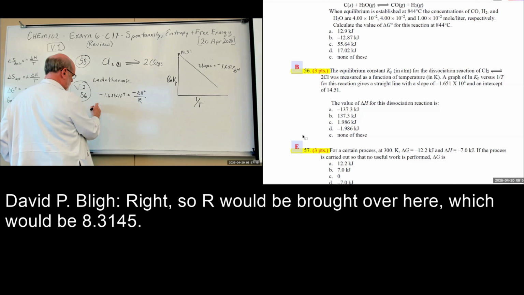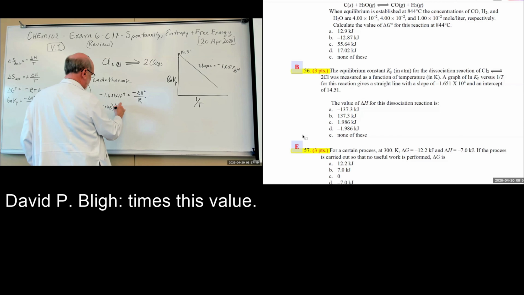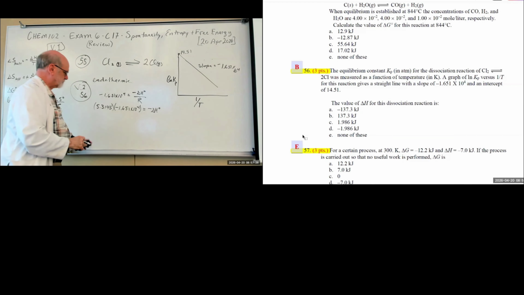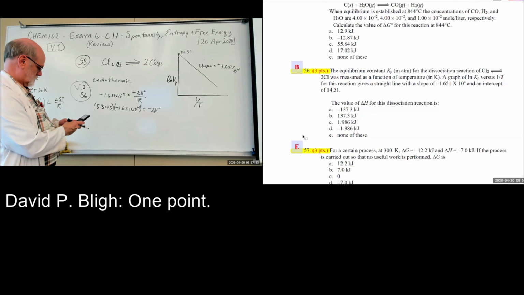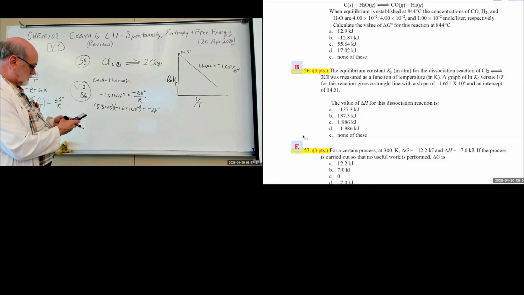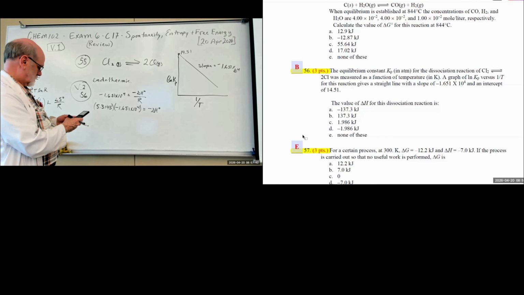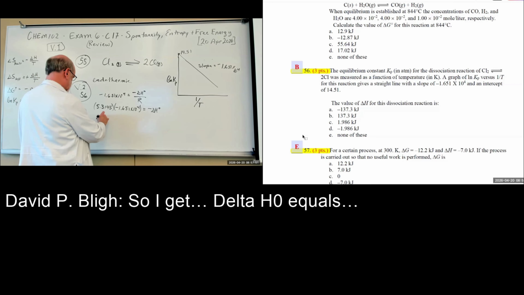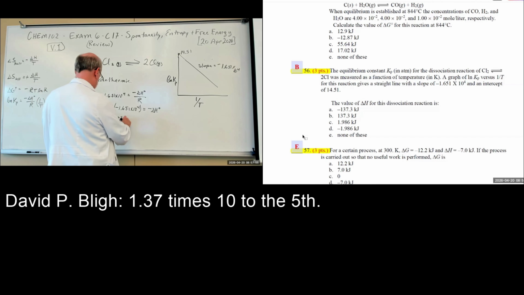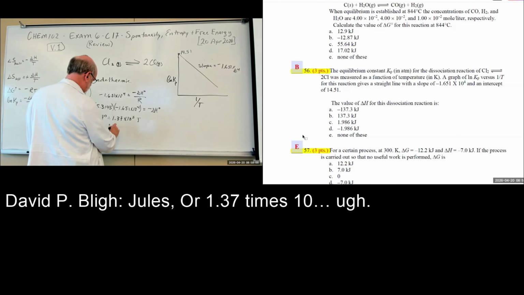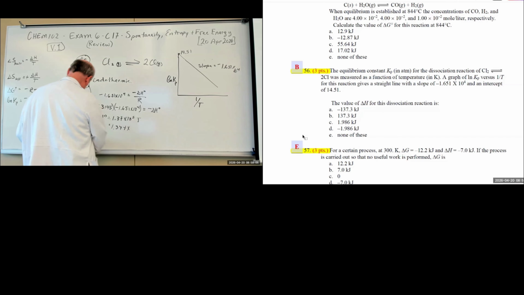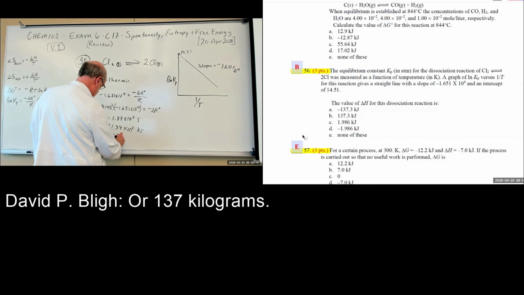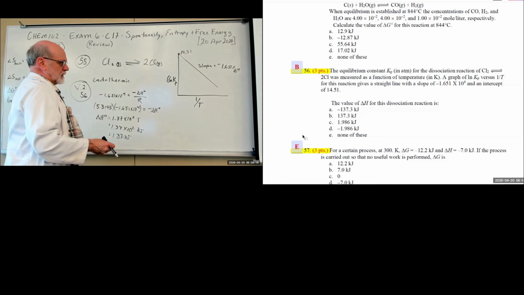So R would be brought over here, which is 8.3145 times this value equals negative delta H. I get delta H0 equals 1.37 times 10 to the fifth joules, or 1.37 times 10 squared kilojoules, or 137 kilojoules.